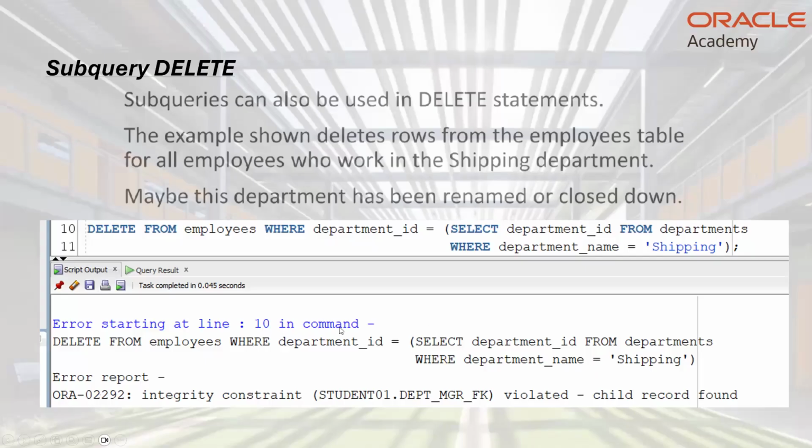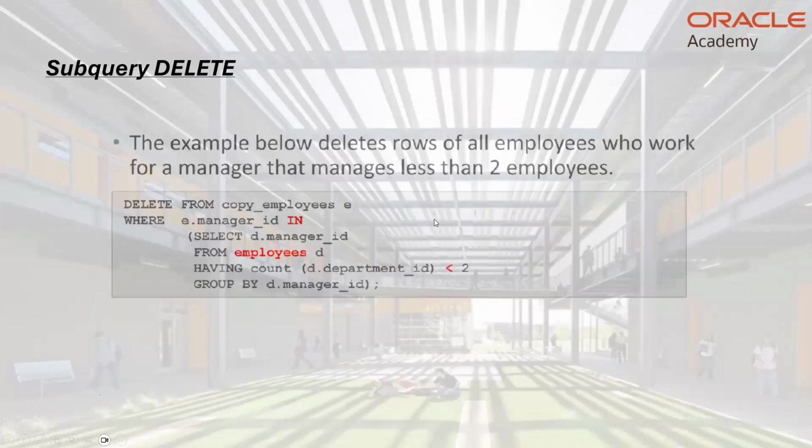So if you get this error, you really have to pay attention to what the relationship is between those entities in your table. So delete, well, you have to be very, very careful. All right.